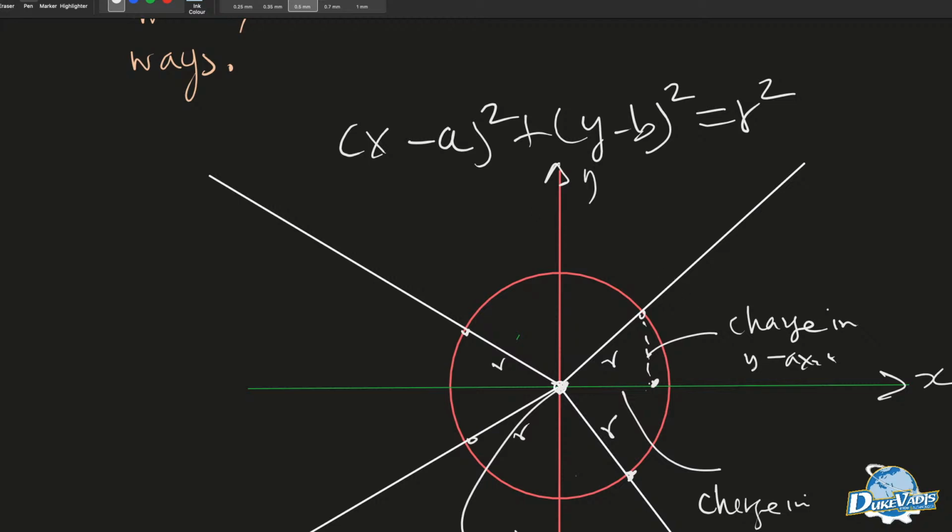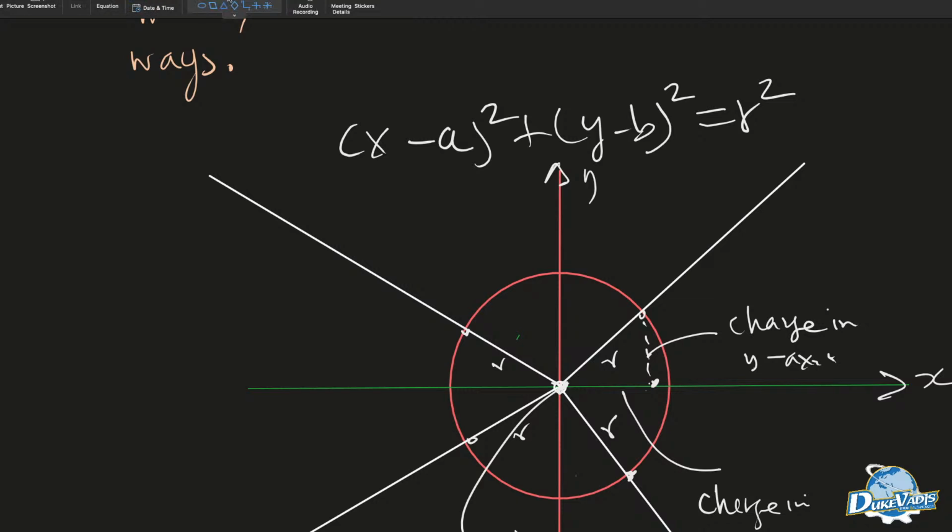Let me illustrate it well. From here to here, I'll pick a yellow ochre.